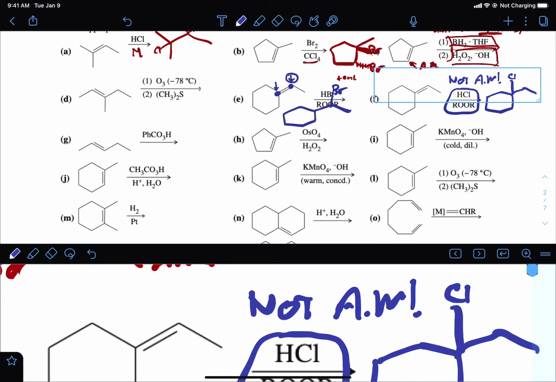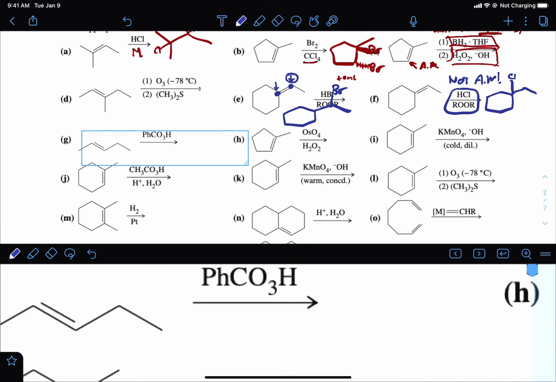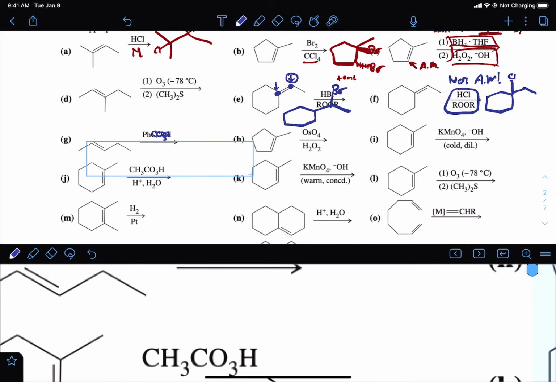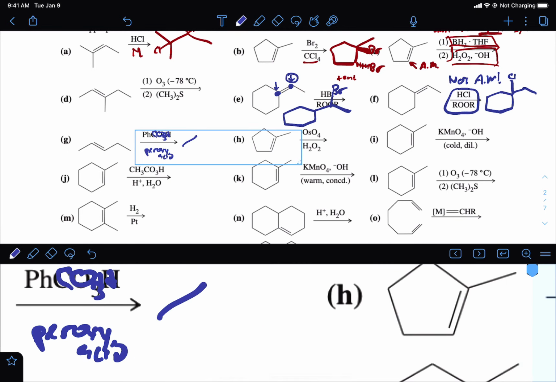All right, here's that weird acid again, the CO3H. That is a peroxy acid. And that makes that epoxide.